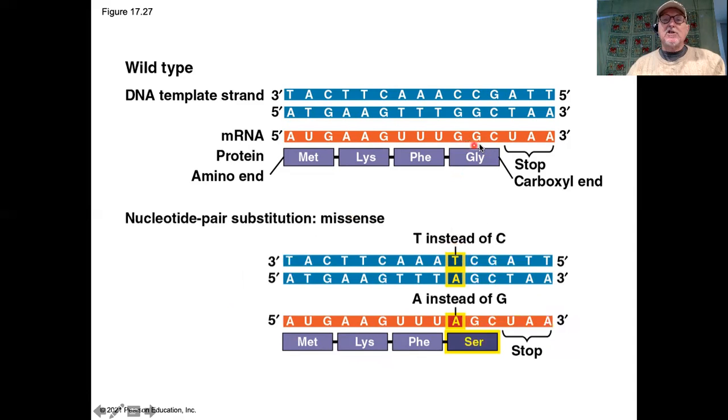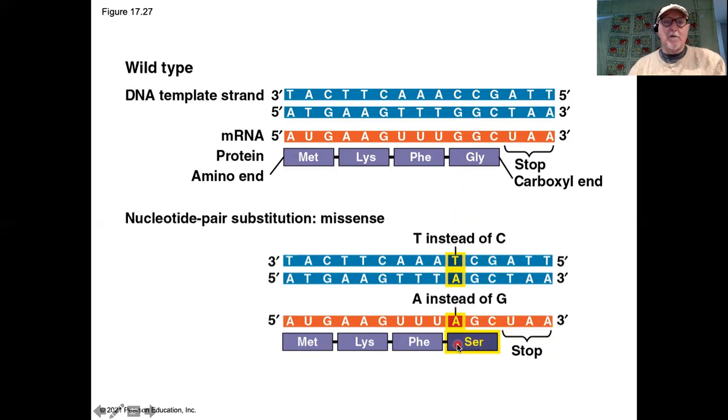Normally it would code for GGC, as we saw with glycine. But here in this mutation, we substitute, instead of C, a T. And we now have TCG, the mRNA, AGC, that codes for serine. A completely different amino acid.